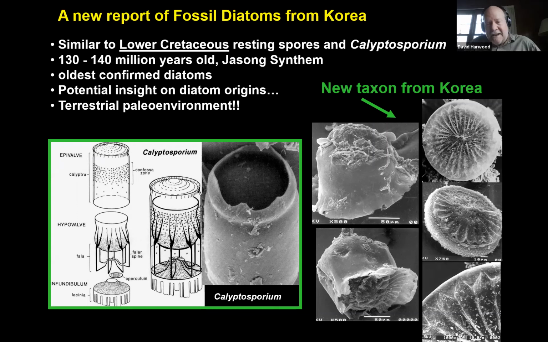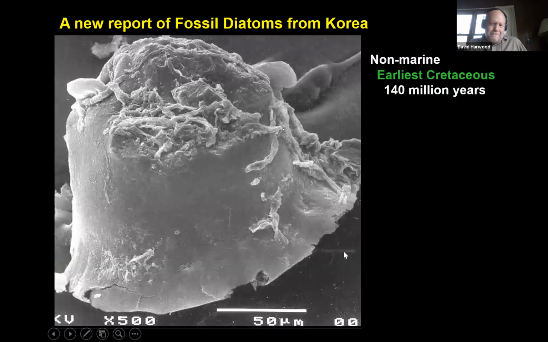It's amazing that this material from Korea even exists. It is actually coming from a metamorphic rock, right? But it's a calcareous metamorphic rock, cemented with some calcareous material. It used to be a sediment, but it's partly metamorphosed, which is why these things look so ugly. But thinking this might be one of the earliest types of diatoms, it is a non-marine diatom based on the paleogeography, right?